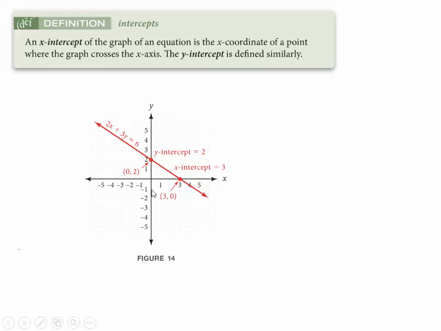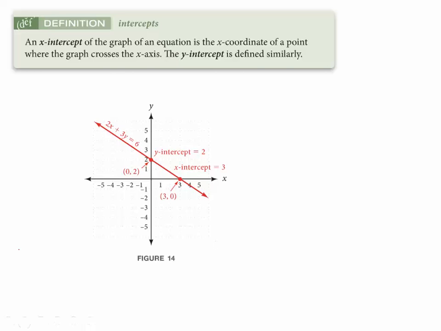One is going to be along the y-axis, and the other point is going to be along the x-axis. Why is it useful? Because what's the easiest number to plug in? 0. So if I plug in a 0 for the x, I figure out the y-intercept; plug a 0 in for the y, I get the x-intercept. We've got ourselves 2 points really quick, and we're done. So this is one of the ways we can graph very quickly.